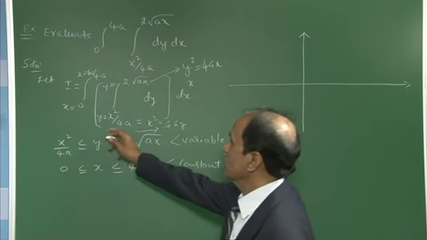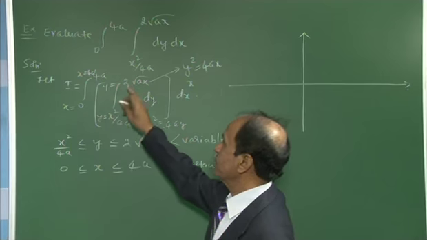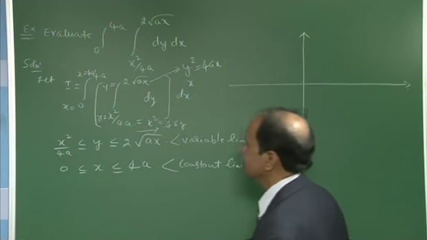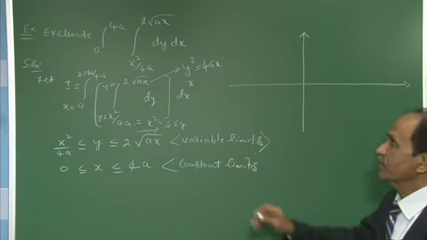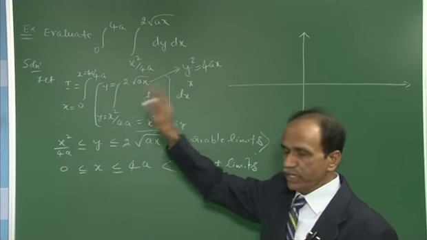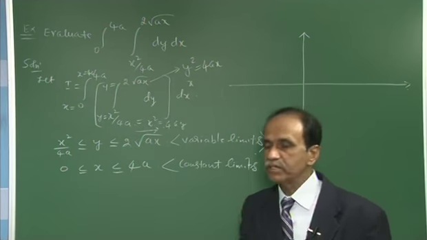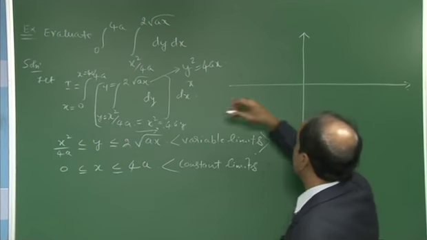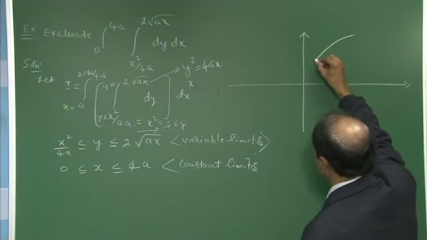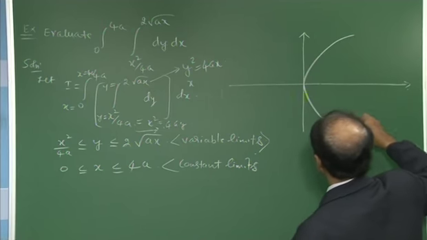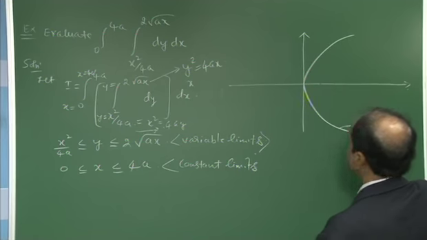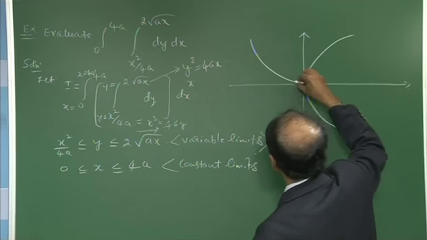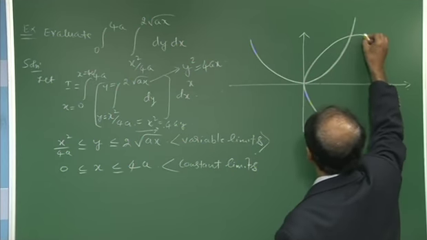That means x square is equal to 4ay, and if you simplify, you can send the 2 to the other side. So there are two parabolas. For x square equal to 4ay, the focus lies on the y axis, while for y square equal to 4ax, the focus lies on the x axis, with even powers of y. Therefore, you have to plot two parabolas like this. This is one parabola, and the other parabola also goes like this.